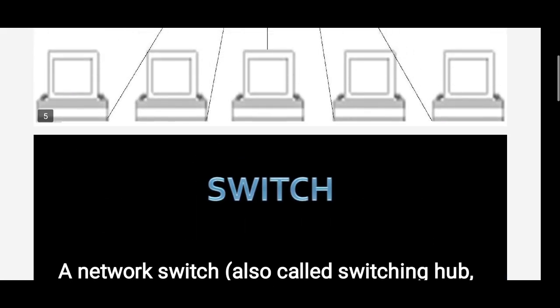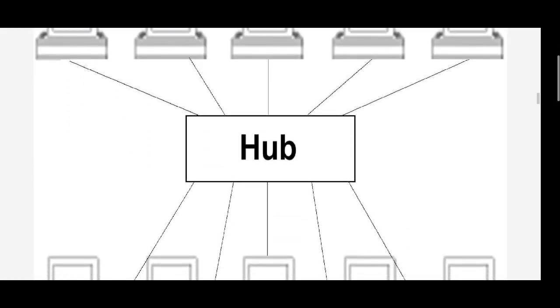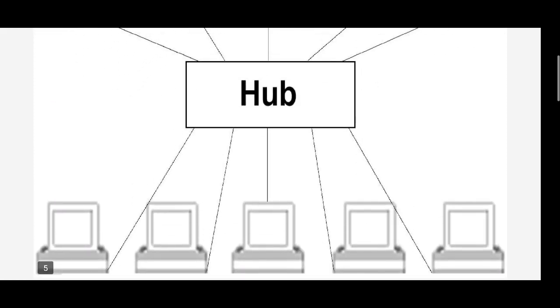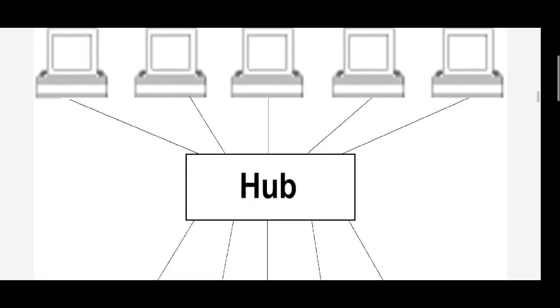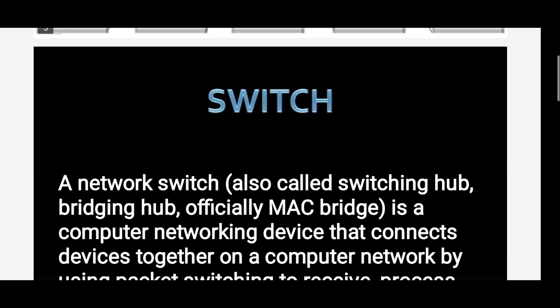Here this is a switch connected to a number of systems. Data is shared from one system to another system by using the hub. This is also called switching.